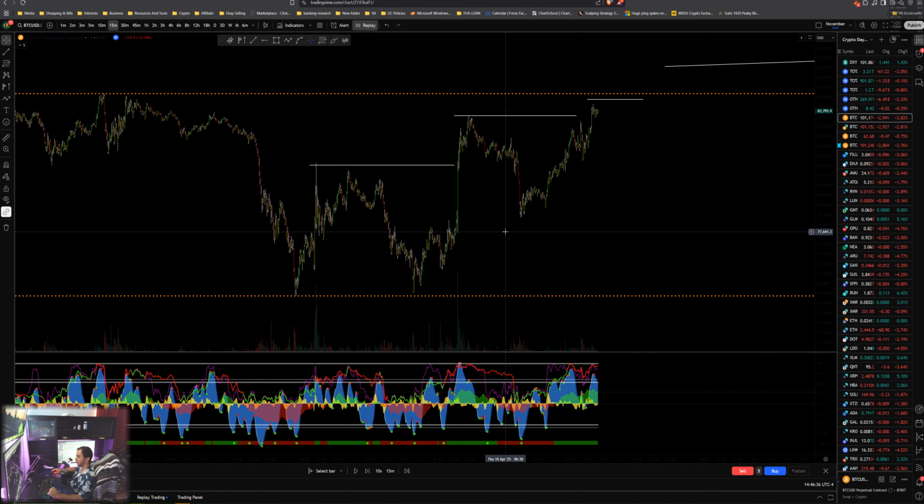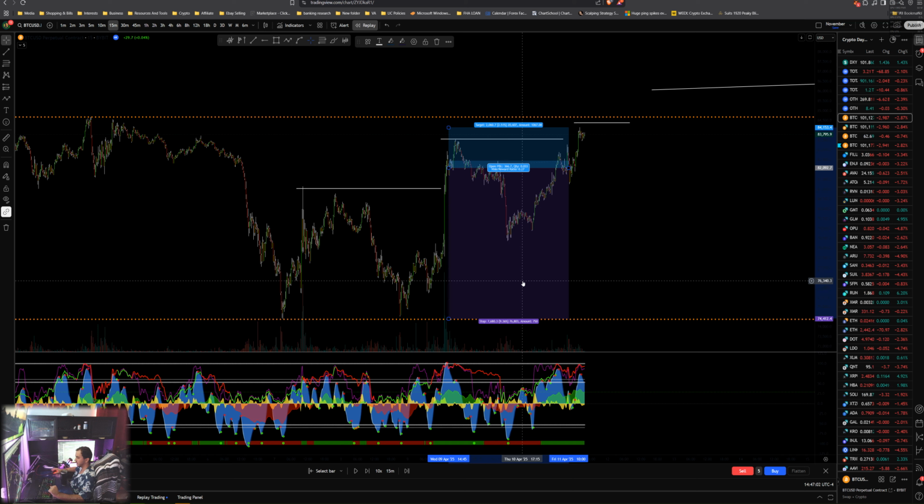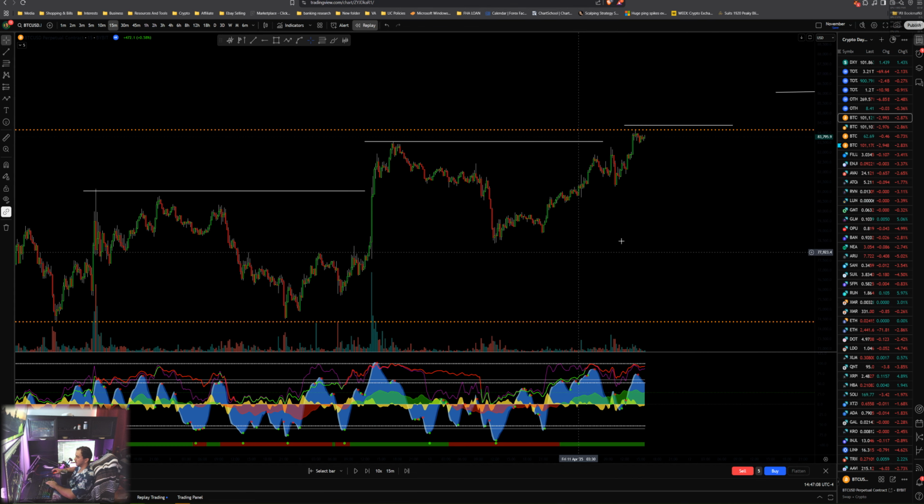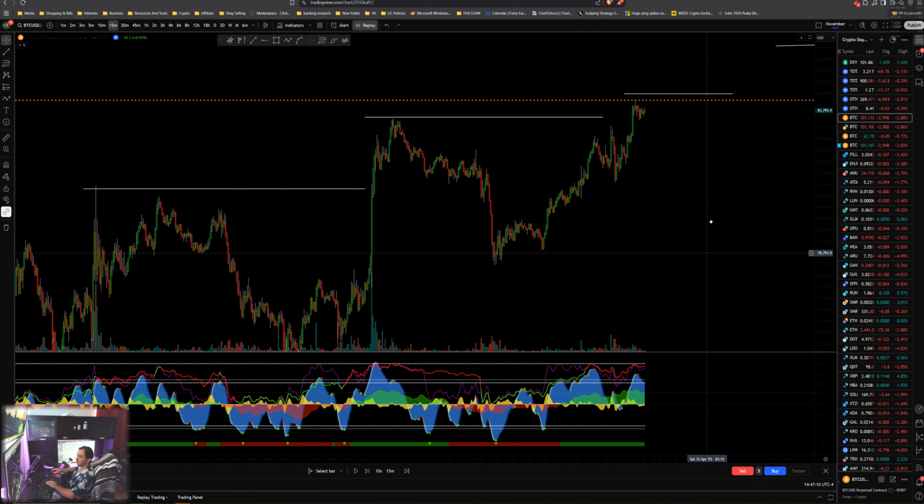Now, you could do a breakout trade, but I think the 4-hour close is somewhere up there, and you're going to have to cover all of this. That's almost a 10% stop loss. Your target would have to be 110k, the all-time high, for it to make sense. And that's just ridiculous. This can be improved upon.